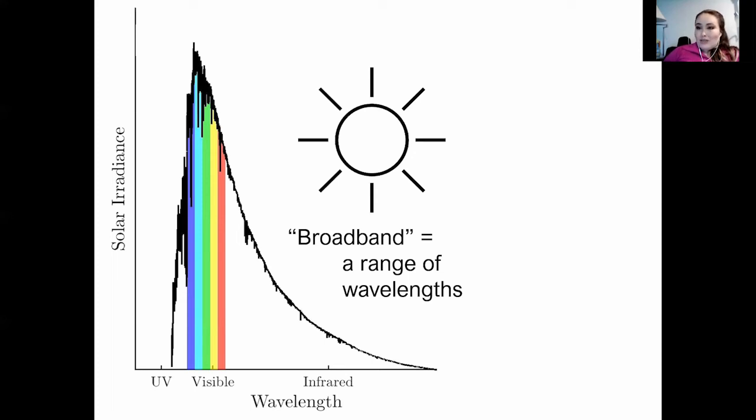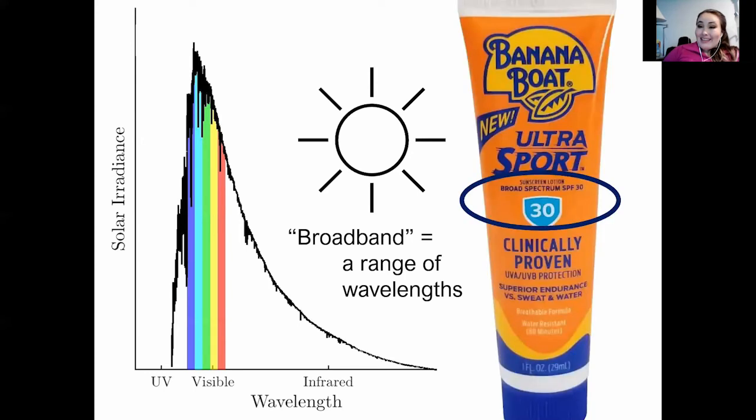And this includes the visible spectrum that we see. And this is why when you buy things like sunscreen, they should say broadband or broad spectrum, because you need to protect your skin for a wide range of wavelengths from the sun.